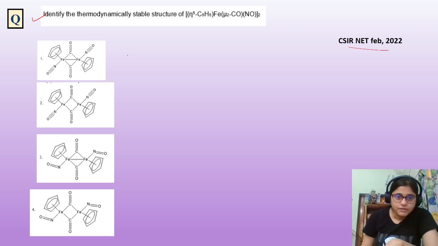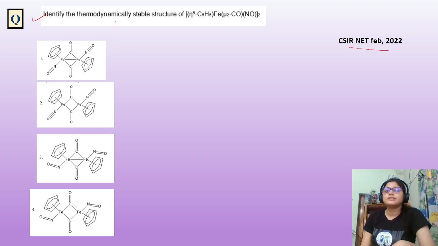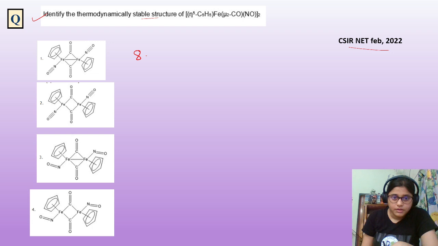So first, a thermodynamically stable structure should follow the 18 electron rule. Fe 8 electron, Cp ring 5 electron, NO is here linear NO, so it should donate 3 electron, and 1 metal bond 2 electron.